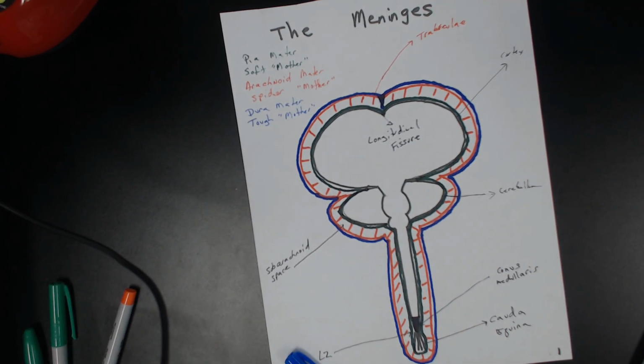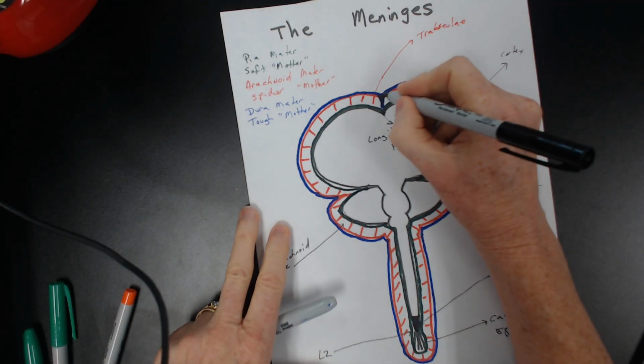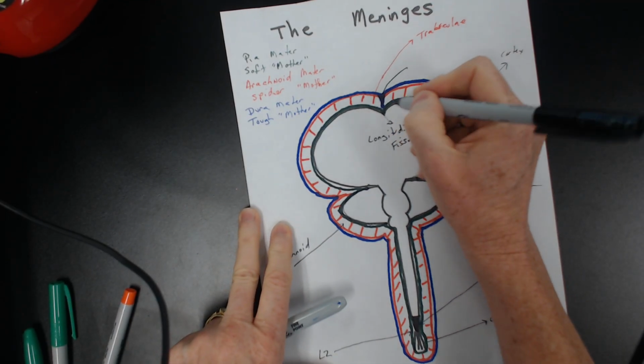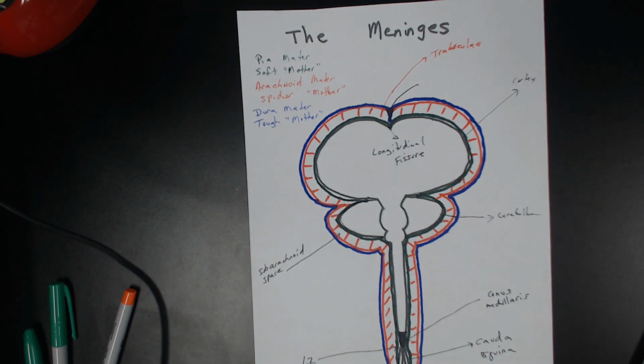And it turns out that the dura mater, or all the meninges, kind of invaginate into that longitudinal fissure. And when that happens, that area is known as the falx cerebri. So this invagination is kind of like a harder shell.